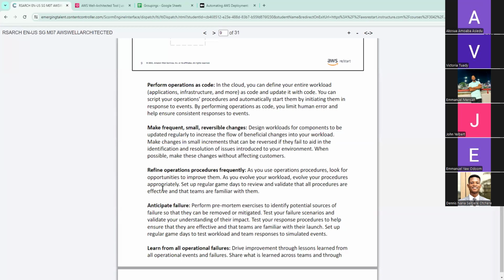If that doesn't cause any problems, then send another little part. That way, if anything goes wrong, you'll know exactly where it's stemming from. I sent update 1, 2, 3, nothing happened. Now I've sent update 4, and things are falling apart. So we know it is update 4 that's released, and we roll back. Okay, so next: refine operations procedures frequently.